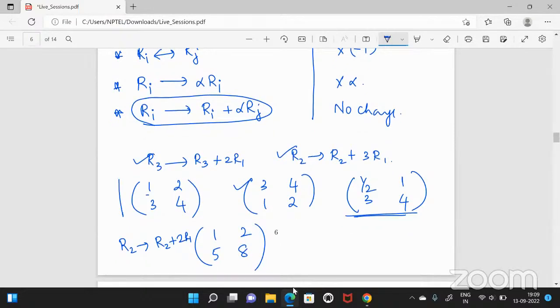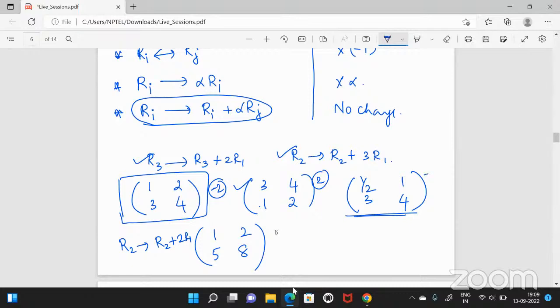So what is the determinant of this matrix? -2. Here I have done the first interchange, so what will the determinant here be? 2. Because when I interchange two rows, the sign will change. Anyway, if we calculate, 6 minus 4, 2. What about here?